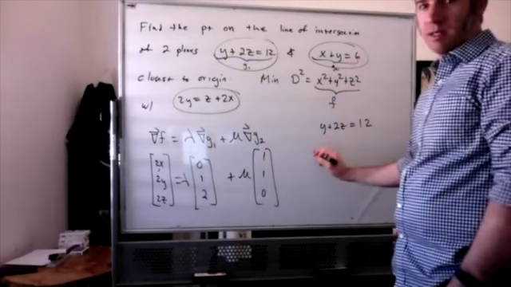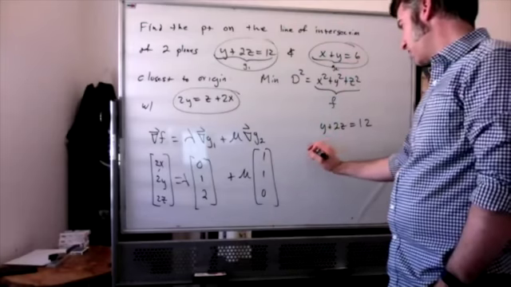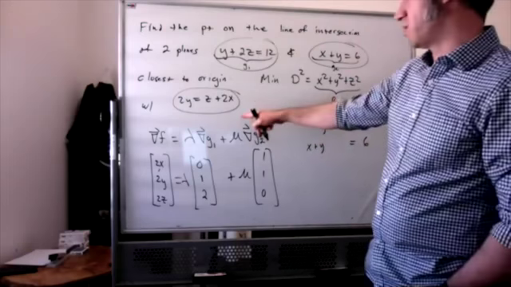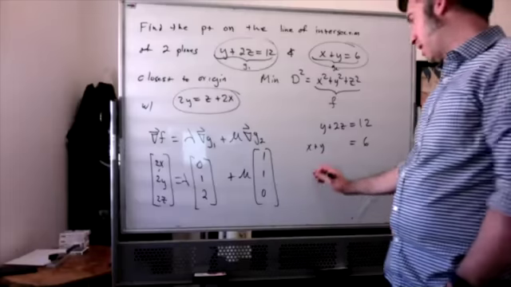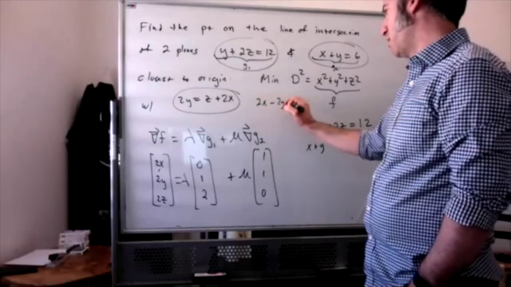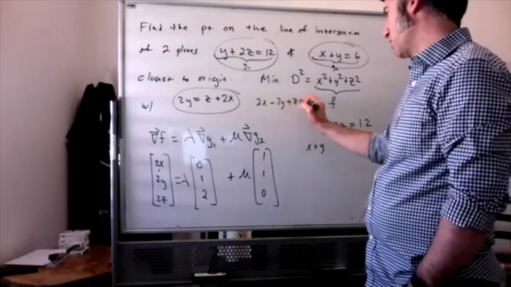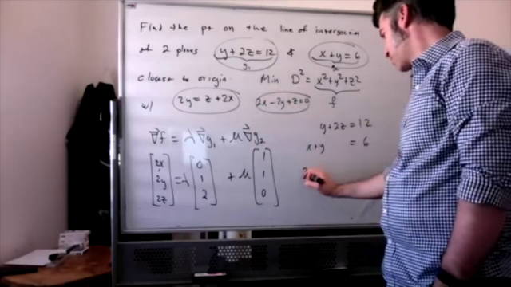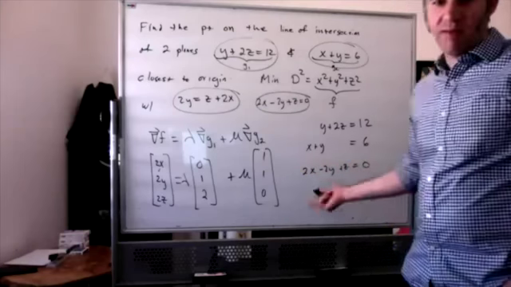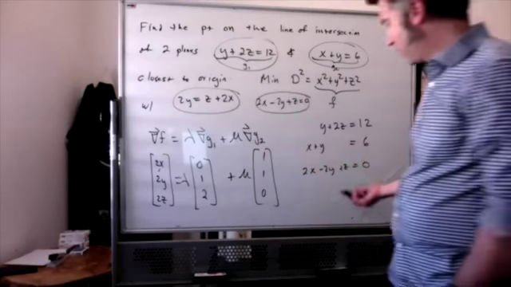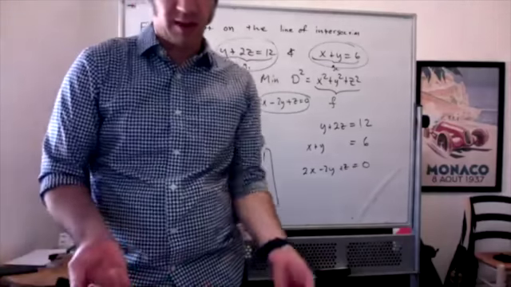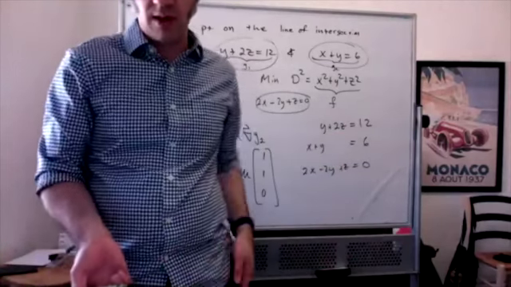I've got x plus y equal to 6. And rewriting this one, I'm going to write it as 2x minus 2y plus z equals 0. I'm writing this in a suggestive way, kind of like a matrix. Not that you have to use matrix stuff to do this, but you could if you knew how to do that kind of thing.